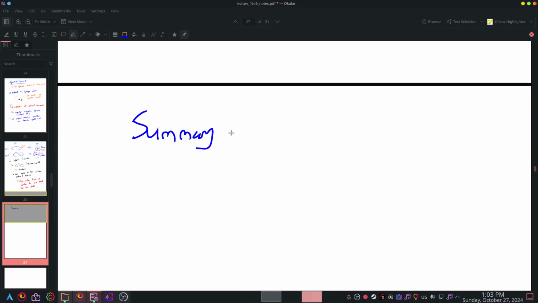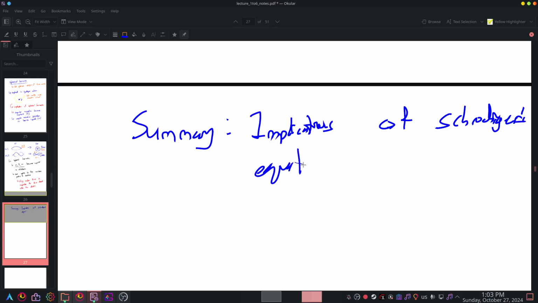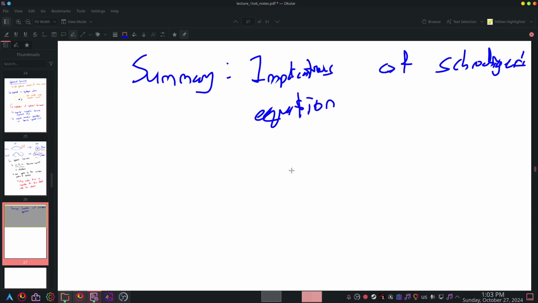Based on Schrodinger's equation, so there are implications of Schrodinger's equation. Pardon the handwriting. First things first, we studied the infinite square well. This is the most mathematically simple, or rather we didn't even go through the math, but we just took a look at it conceptually.